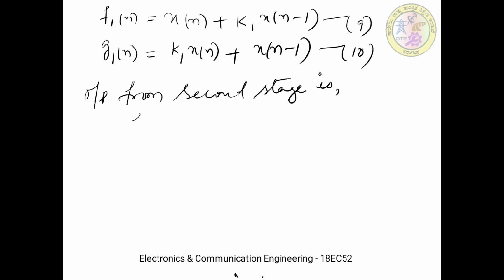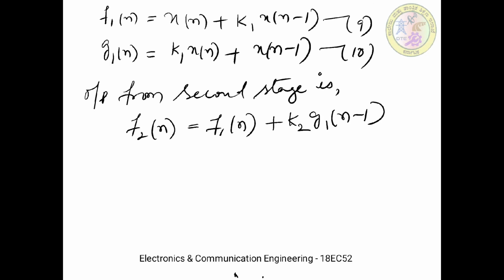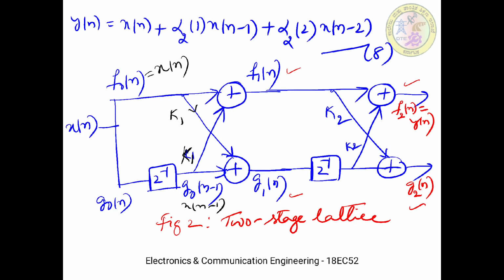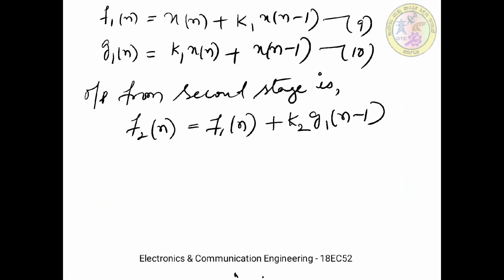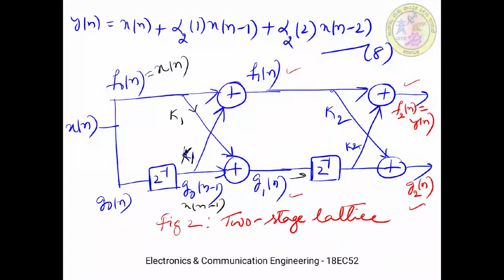okay, so we have f2 of n, that is equal to, now I am writing in terms of f1 only, plus k2 into g1 of n minus 1. Just from the previous structure, what is f2? See here, f2 is the sum of f1 plus k2 into g1 of n minus 1, because g1 is entering into the delay element.